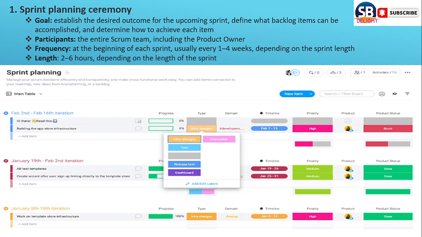Let's see here the sprint planning, the main table, and how the system will show it. We can see when the sprint planning happened and what the status of the sprint was. The first sprint started on January 5th and ran to the 19th. The second one is the 19th to the 2nd.